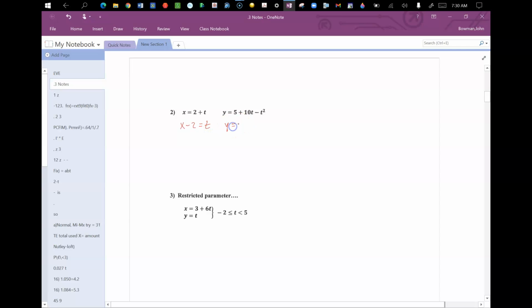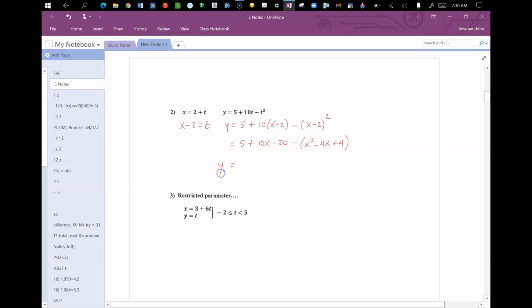Substitute that into the y equation: 5 plus 10 times (x minus 2) minus (x minus 2) quantity squared. We're going to simplify this, so 5 plus 10x minus 20 minus the quantity x squared minus 4x plus 4.